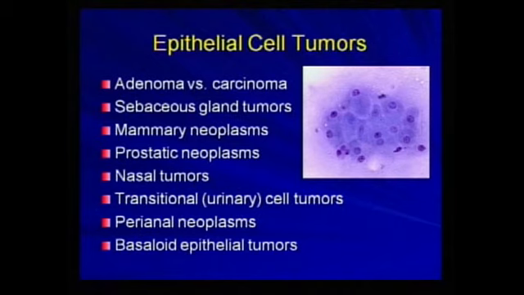Maybe the most difficult tumor to identify cytologically is mammary neoplasm. They tend to exfoliate very poorly. They often have a mixture of cells, including spindle cells as well as epithelial cells. And we just see very few. I think I may have seen 2 or 3 prostatic neoplasms cytologically in the last 5 years.